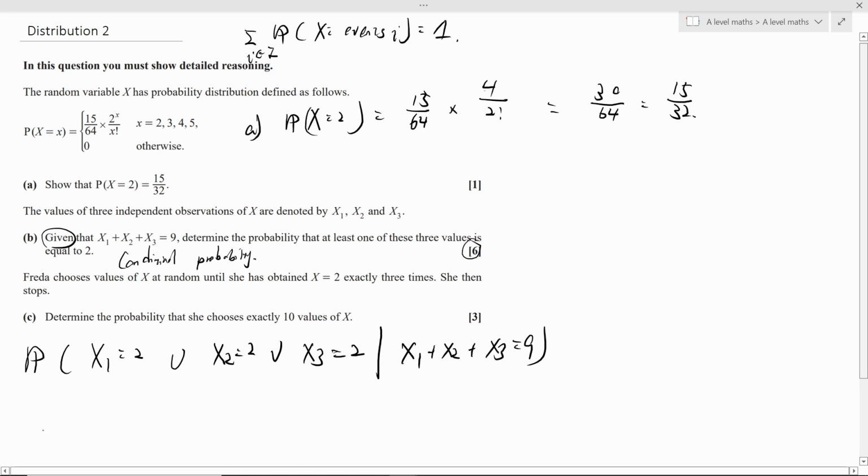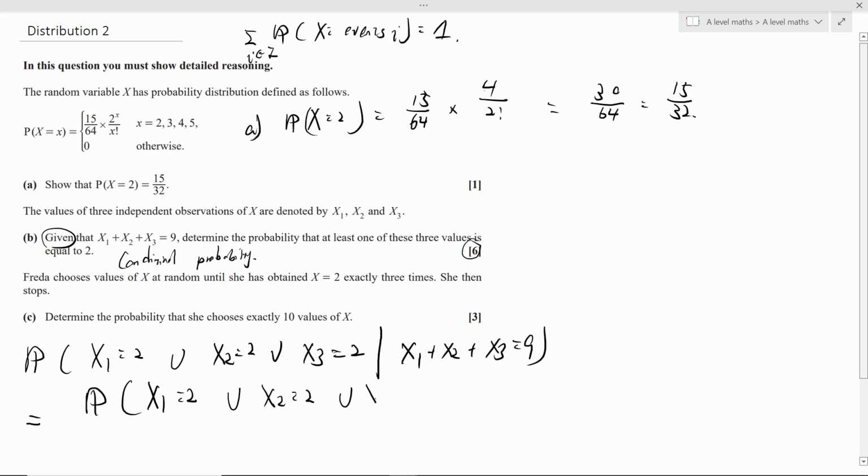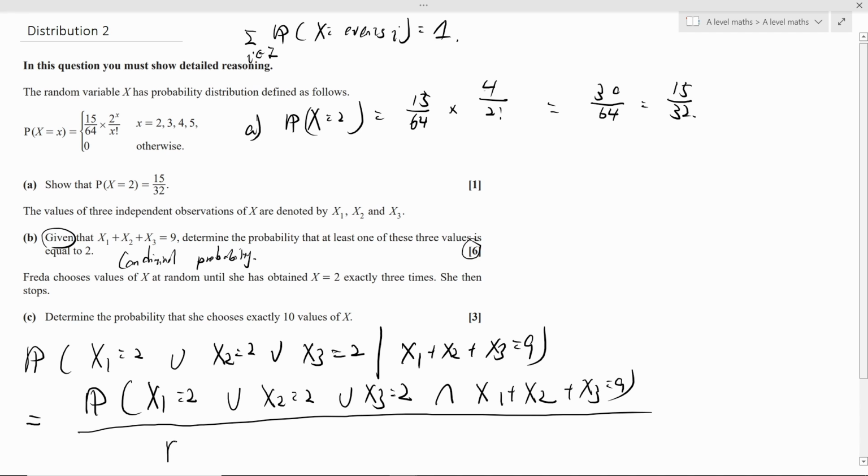And from the definition of conditional probability, this is equivalent to the probability of X1 is 2 union X2 is 2 union X3 is 2, intersection with X1 plus X2 plus X3 is 9, over the probability of X1 plus X2 plus X3 is 9.